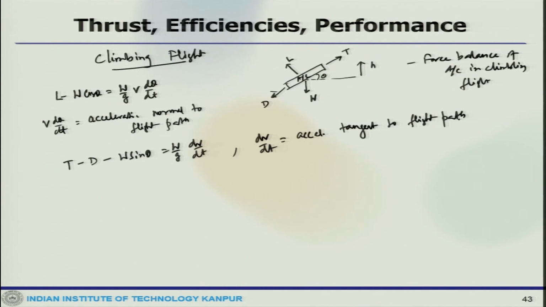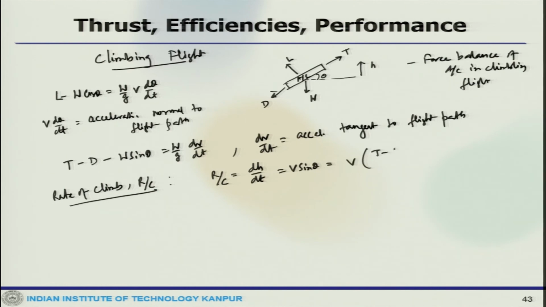So, the change in height of the vehicle, or the rate of climb, which is R by C, we can write as V sin theta, which is V times T minus D by W minus V by g dV by dt.